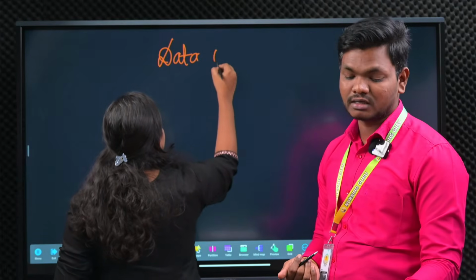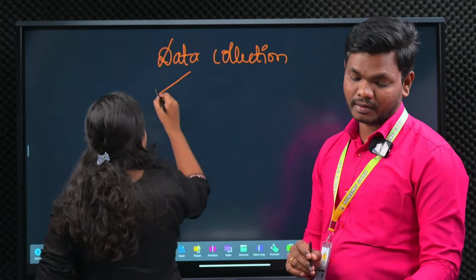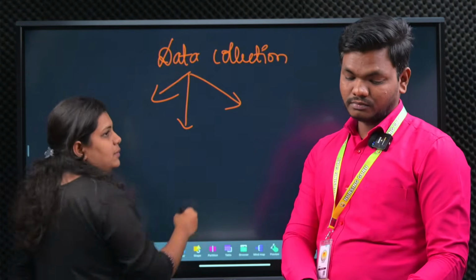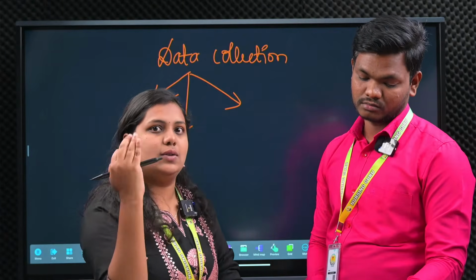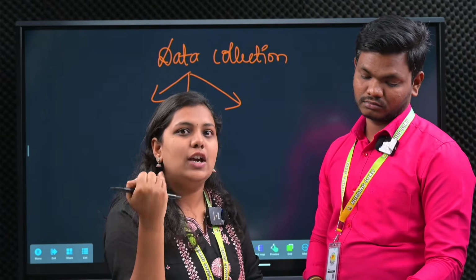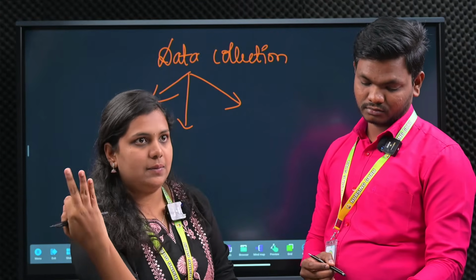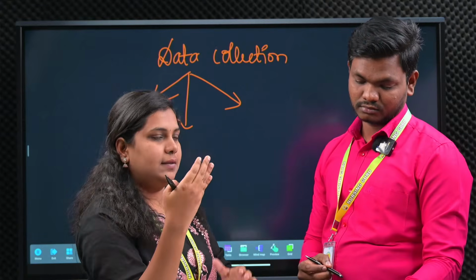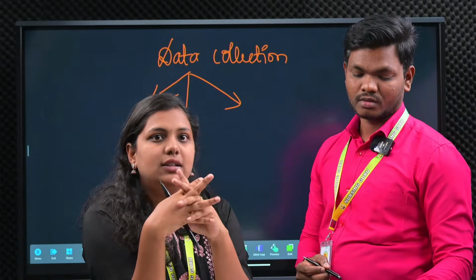Questions on data and data analysis will be expected. In data collection, mainly we use 3 methods, which is very important: questioning, interview and observation. Based on the group of sample, we will choose the collection method.